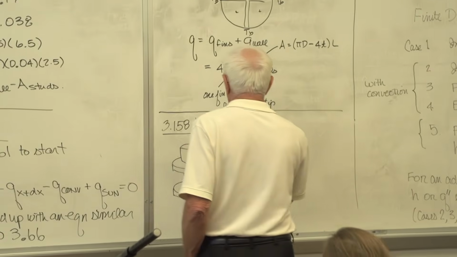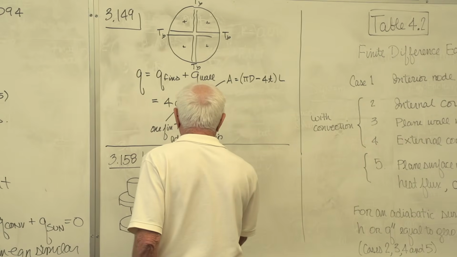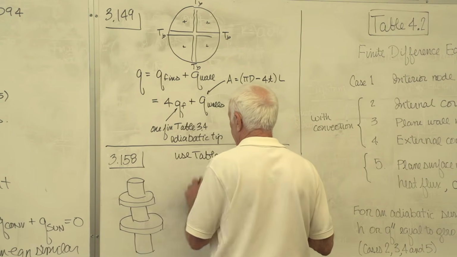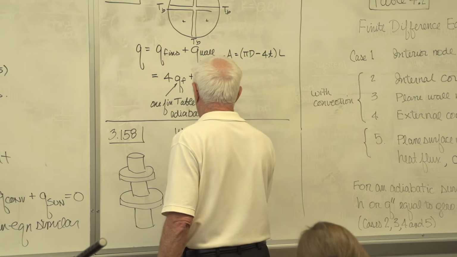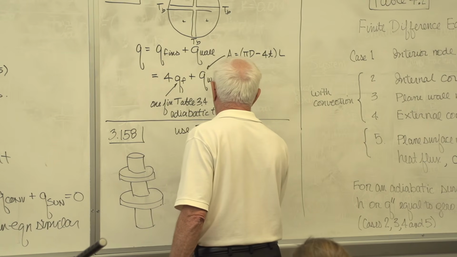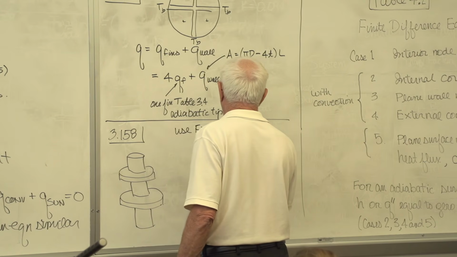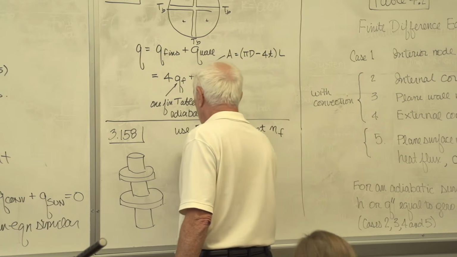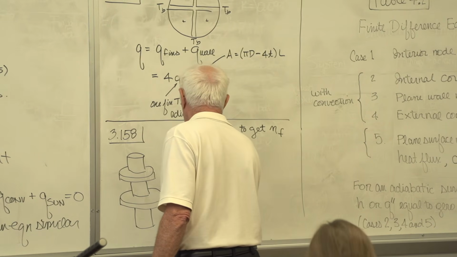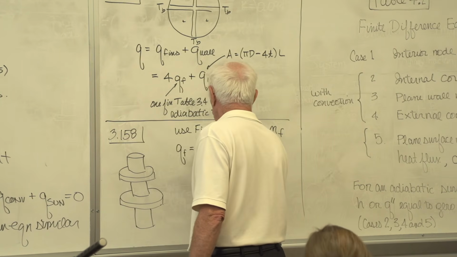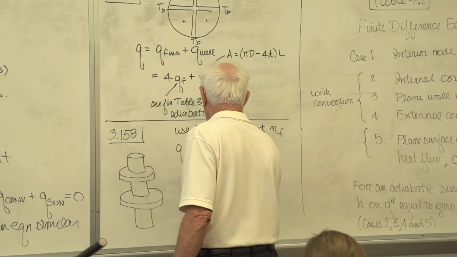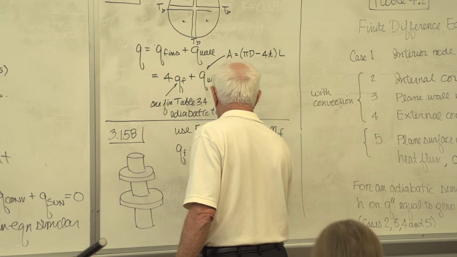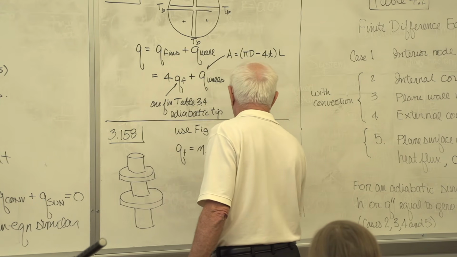So I'm going to use figure 3-20 to get eta fin. And then Q for 1 fin is equal to eta times area of the fin times h times T base minus T infinity.